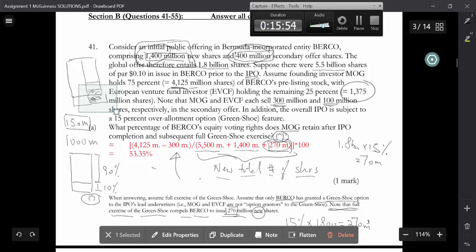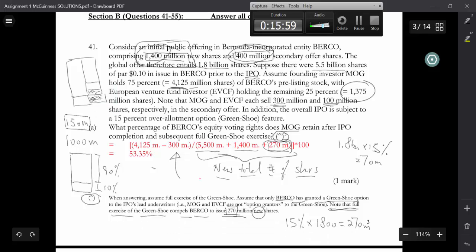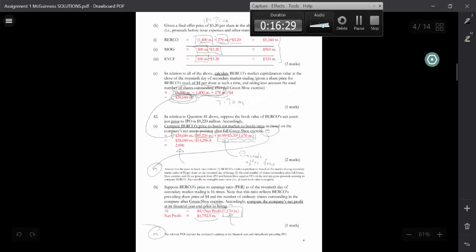And then the other thing, of course, is on the top, the numerator, how many shares has MOG actually lost? Well, this is what they had, and they sold 300. So that is the answer. Okay. These questions are not hard. They just need you to have a very, very clear mind, okay, of what to do.